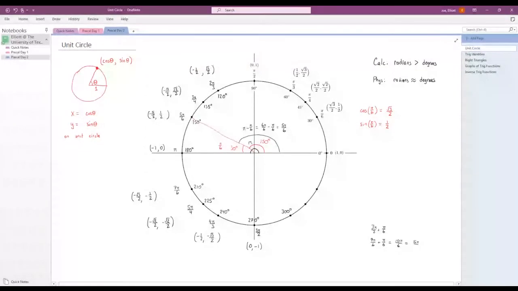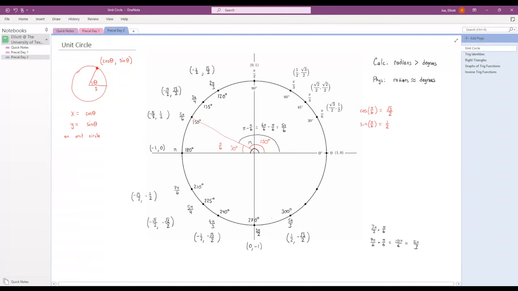Okay, so then this is 5 pi over 3 in radians. And here is where x will be positive and y will be negative in the fourth quadrant. So it's the same as this point, just making the y negative.